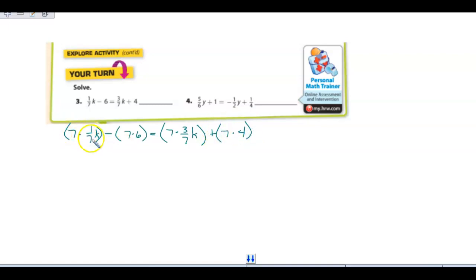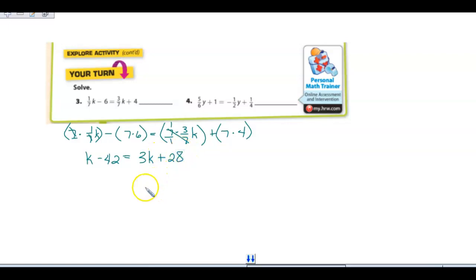If I simplify here, I get 1, so I have k, minus 7 times 6, which is 42. If I simplify here, the 7 simplifies out to 1, and then I have 3k, and 7 times 4 is 28, so plus 28.